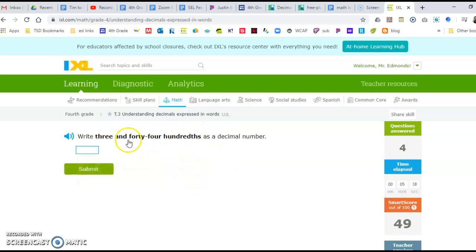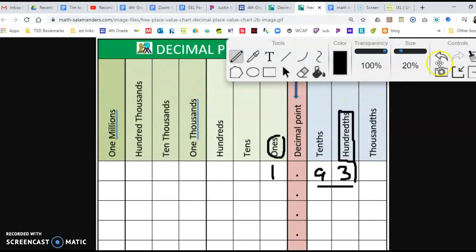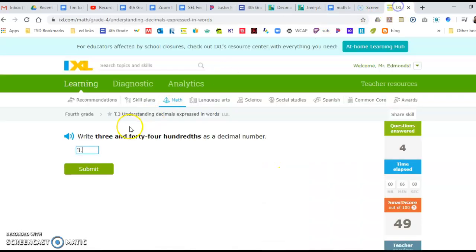Same thing. Think about the next one. 3 and. The first thing, think about what you should type first. 3 and. Now we have that 44, and it's telling us hundredths place. So we go back to our place value chart for a moment. Let me clear it off. Adjust my pen size a little bit. So we have 3 and it says 44 hundredths.